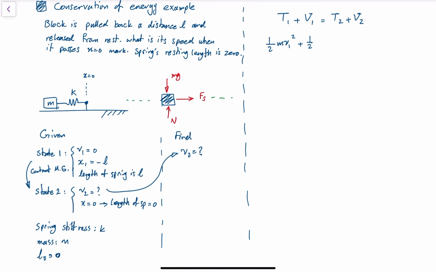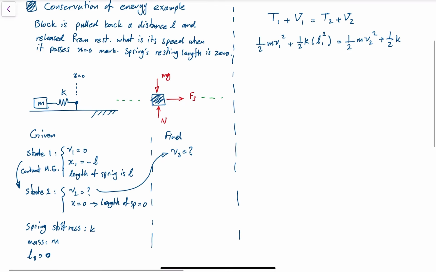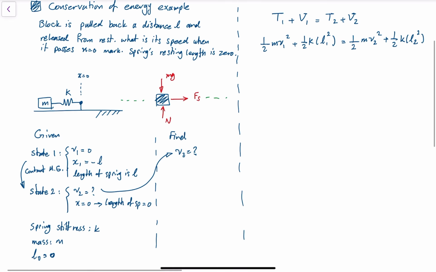So I only write the spring or elastic potential energy. So 1/2 k amount of stretch squared equals kinetic energy down the road, 1/2 m v2 squared plus 1/2 k amount of stretch later squared.